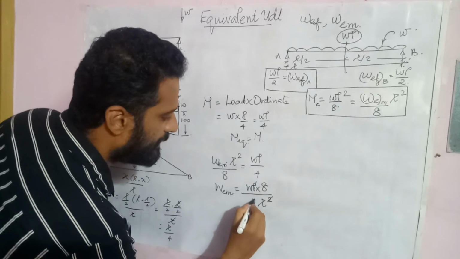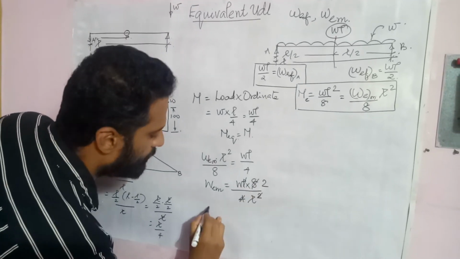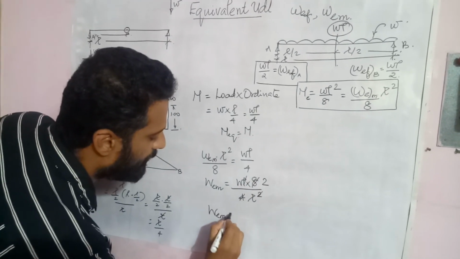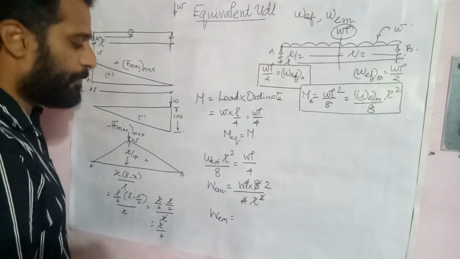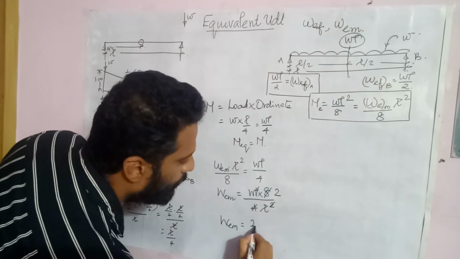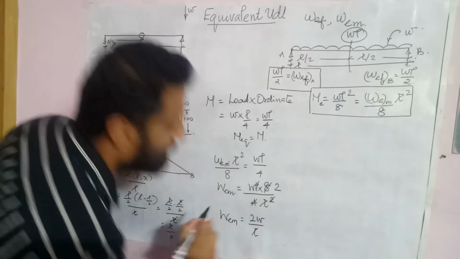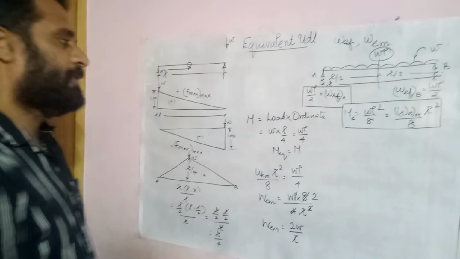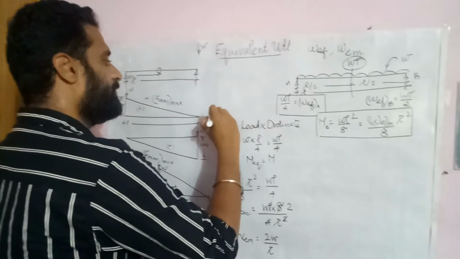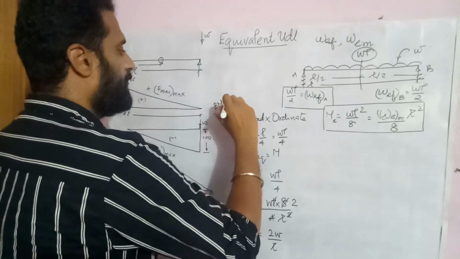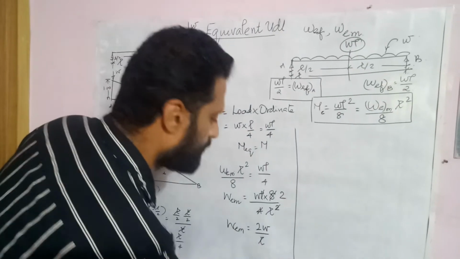So this will get cancelled and this will get cancelled. So the equivalent UDL load in case of moment for this condition is 2W by L. So that is the formula. This is for moment. Next we will calculate for shear force.